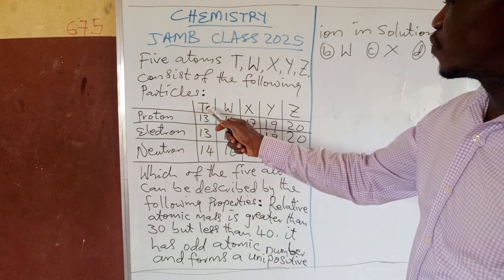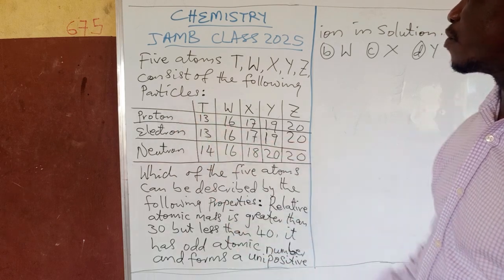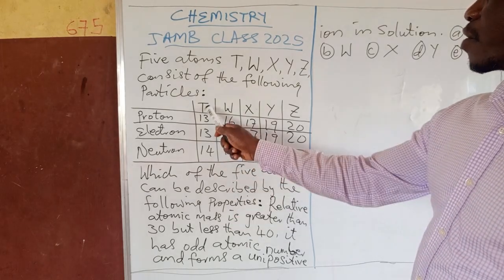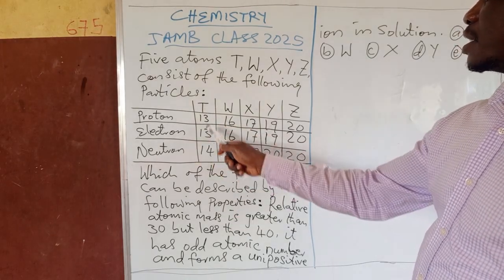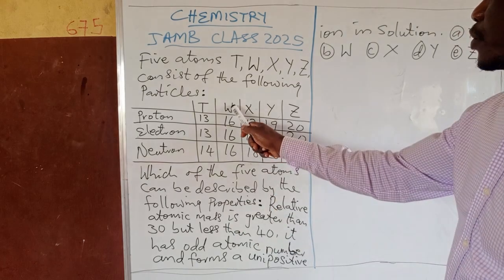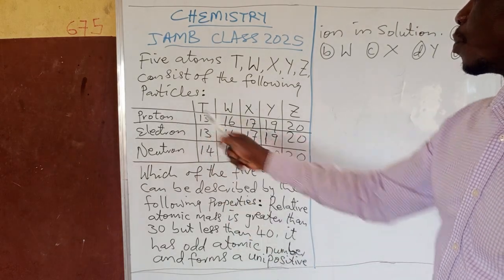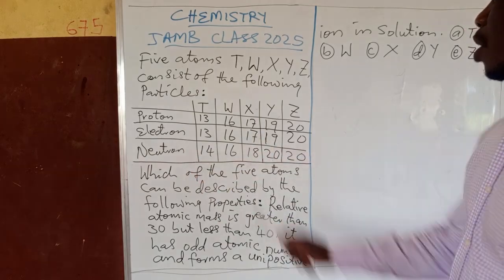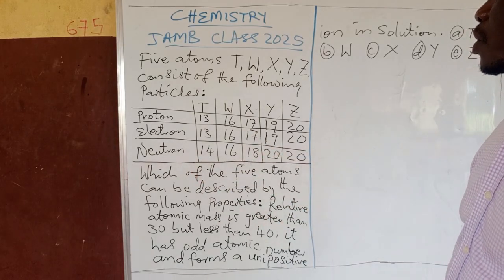Now they have given you for T the number of protons to be 13, the number of electrons to be 13, the number of neutrons to be 14. For W, they have given you proton 16, electron 16, neutron 16.